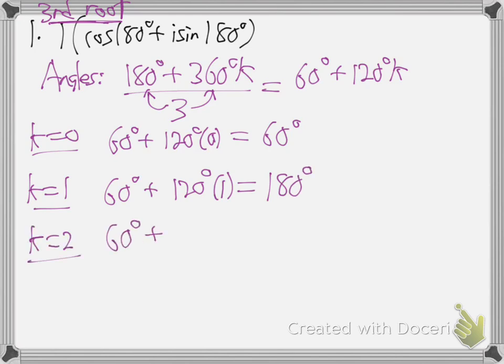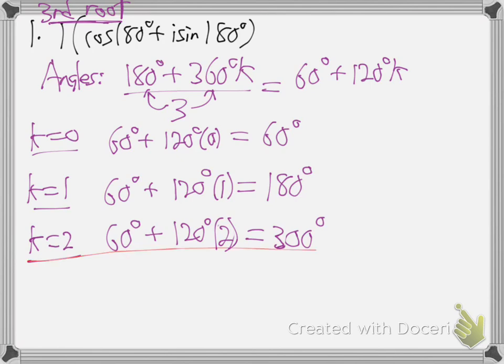And K equals 2. 60 plus 120 times 2 is 240, 300. And then we can write our 3 answers.